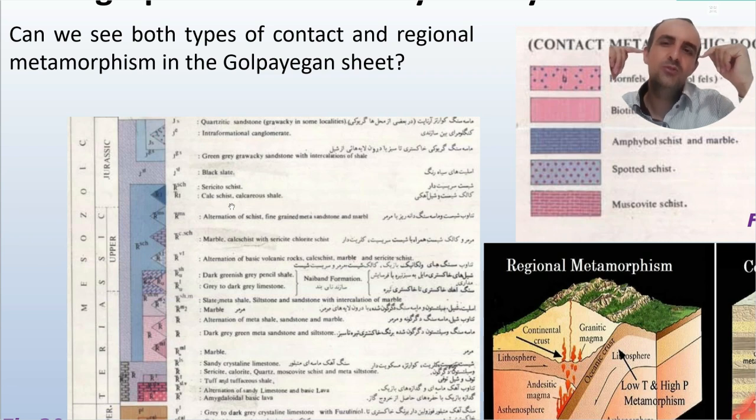These forces caused some of these regional metamorphic rocks to be produced. So by analyzing the rock types, we can understand what happened in the past history of the Earth in the Gulpaigan region.